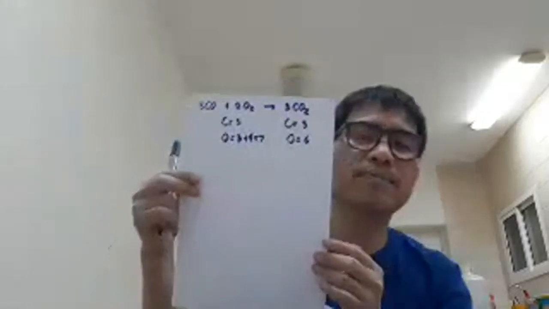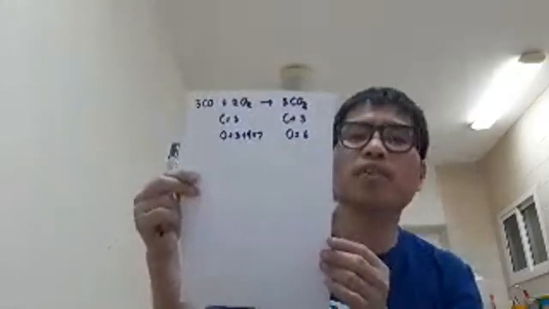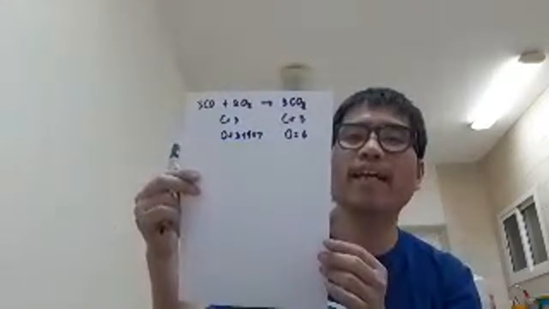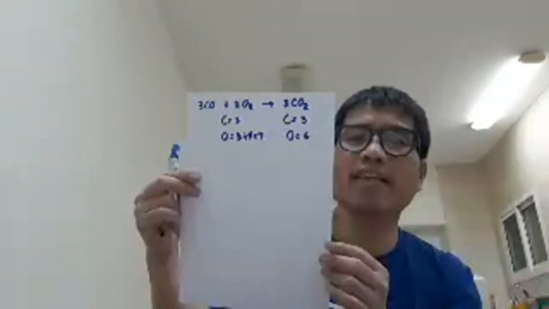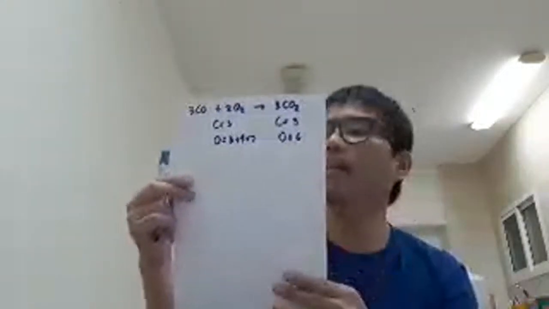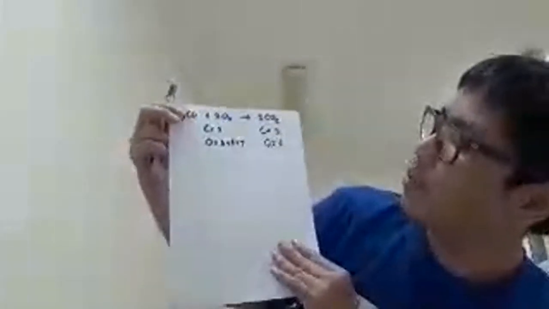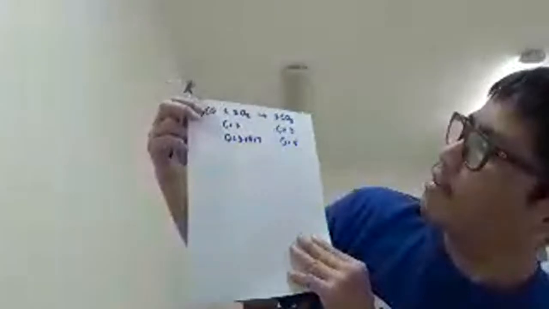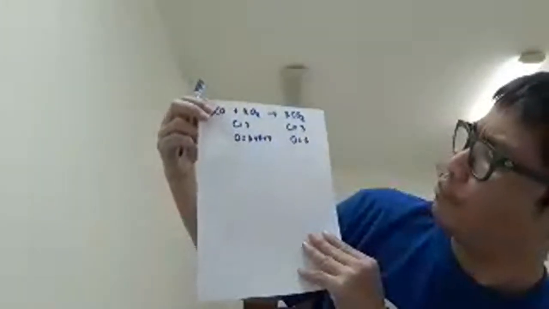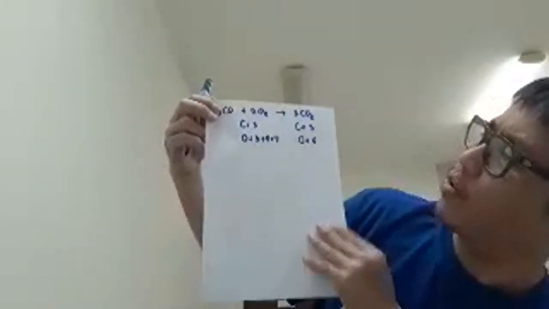to 6. See? I balance again. So oxygen is not balanced again. Okay? This is the second balancing. So what we will do now, we let X be the deficient. So we have 6X in the CO2 here. Not here, because here is 7, it's more. So 7 is equals to 6X.